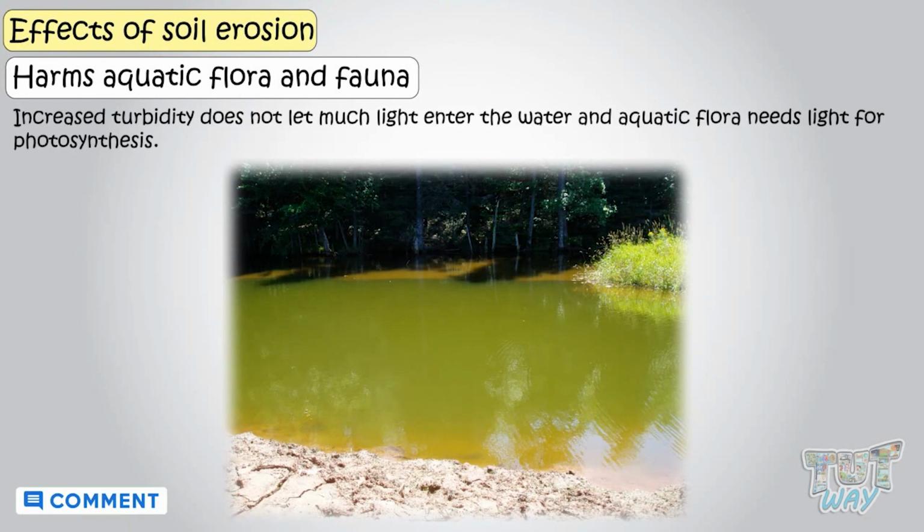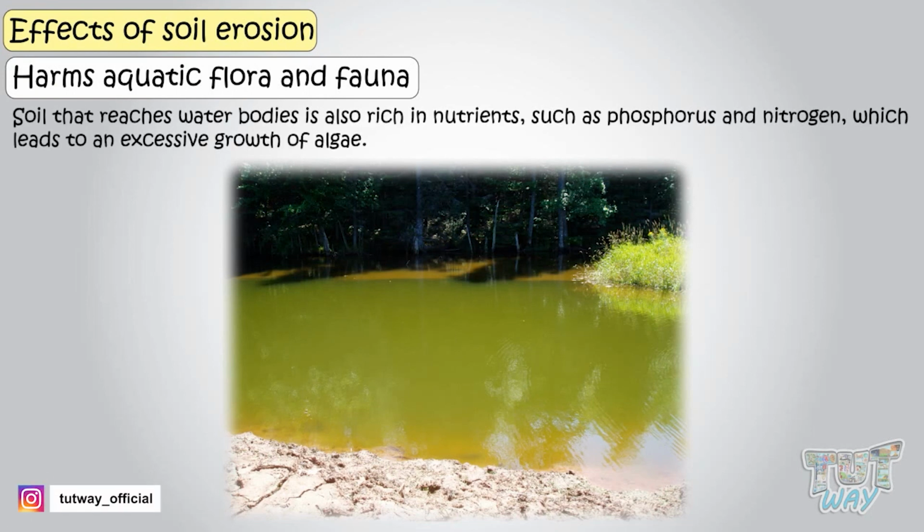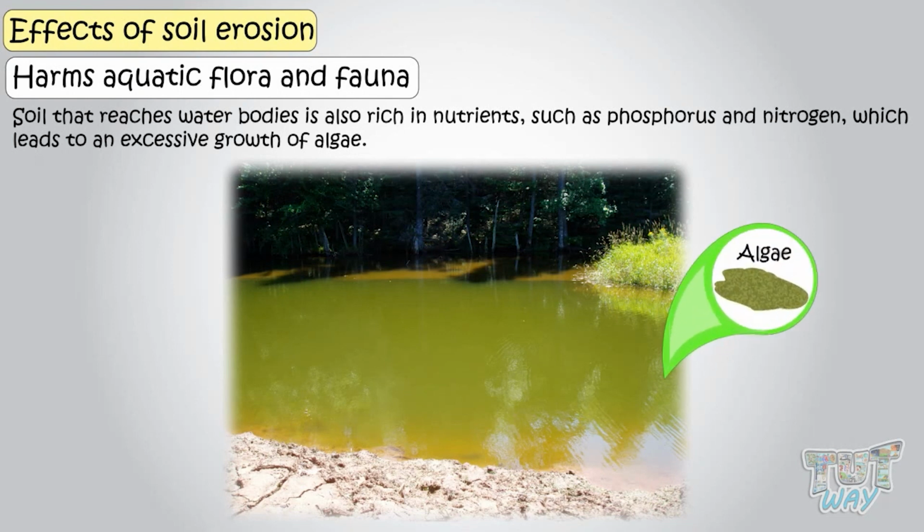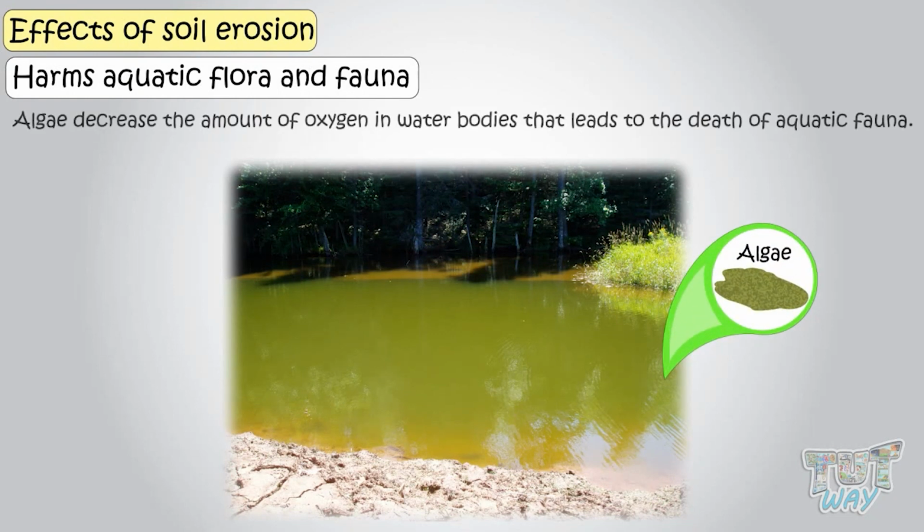And increased turbidity does not let much light enter the water, and aquatic flora needs light for photosynthesis. Soil that reaches water bodies is also rich in nutrients such as phosphorus and nitrogen, which leads to excessive growth of algae. And algae decrease the amount of oxygen in the water body, which leads to death of aquatic fauna.